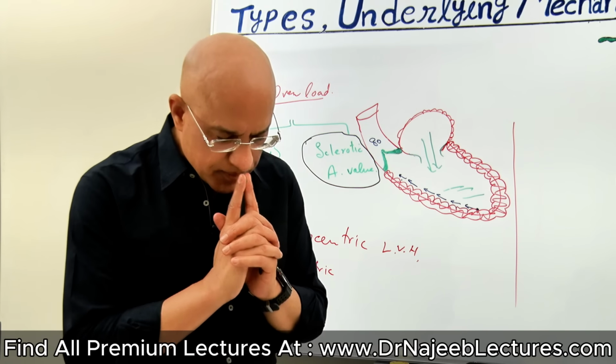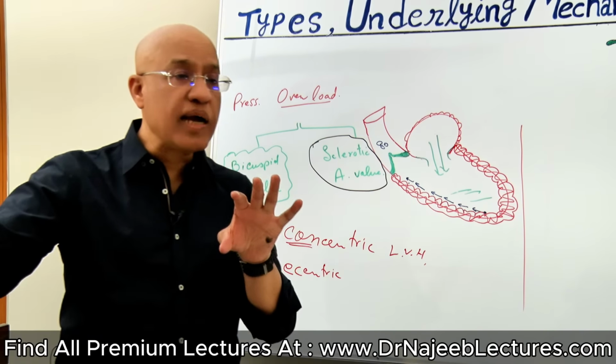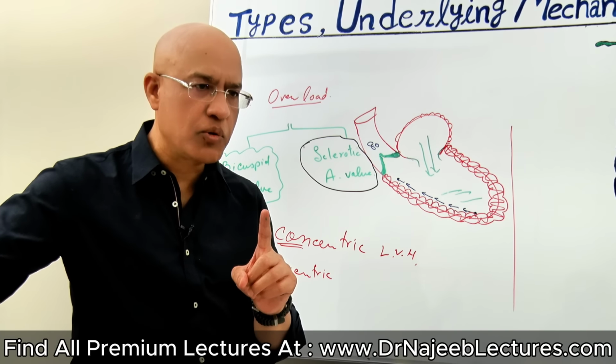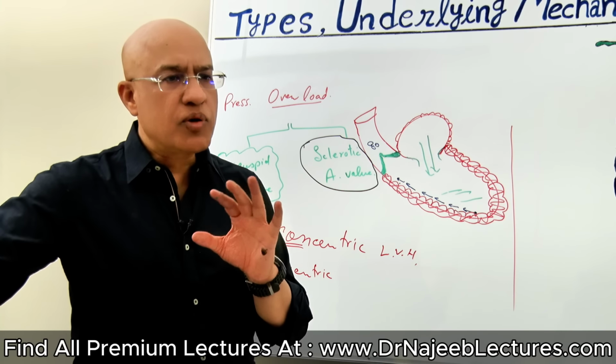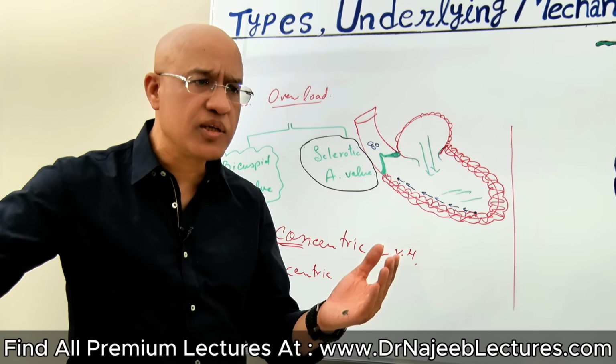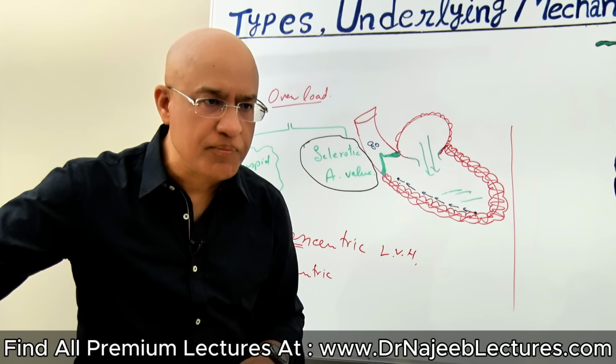Again, I will repeat it. Someone who is born with a bicuspid aortic valve, for the early decades, 10 years, 20 years, even up to 30, sometimes up to 40 years, does not have any symptom or problem.